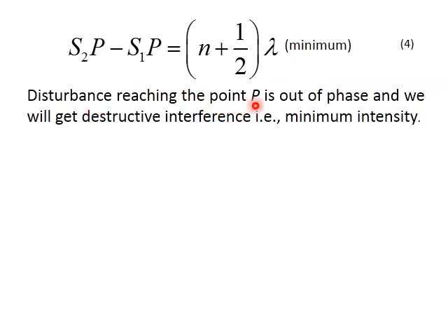Disturbance reaching the point P is out of phase and we get destructive interference, that is minimum intensity. Fine? Very good. Okay. So now S2P minus S1P is equal to n lambda is my condition for constructive interference, and S2P minus S1P is equal to n plus half lambda is my condition for destructive interference.